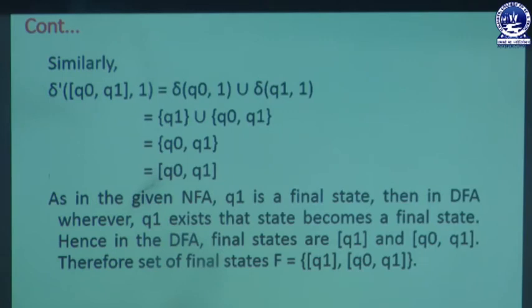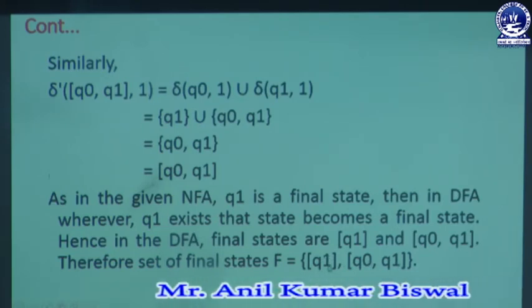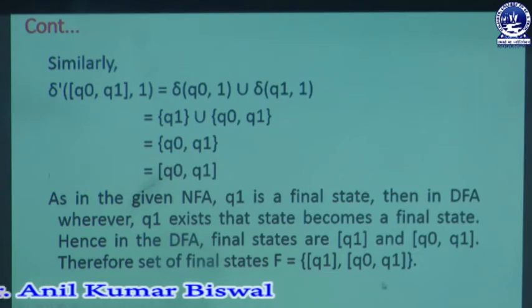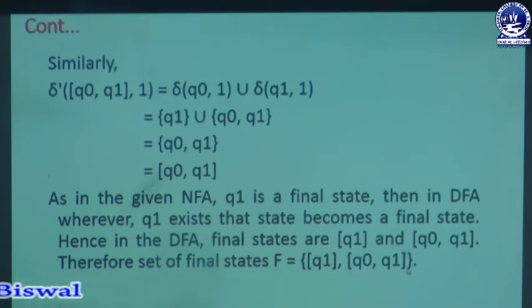Hence in the DFA the final states are Q1 and Q0 Q1. Whenever the final state Q1 is present, Q0 and Q1 can be considered a final state. Therefore the set of final states is F equal to Q1 comma Q0 Q1. That means one is a single state Q1, another is a double state, but considered as a single state in the case of final states.